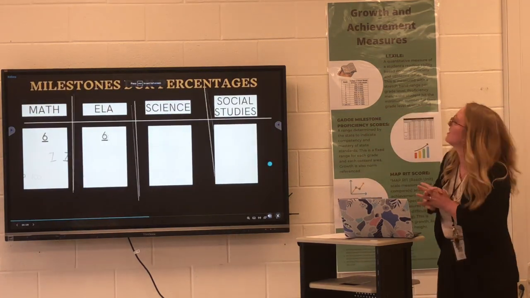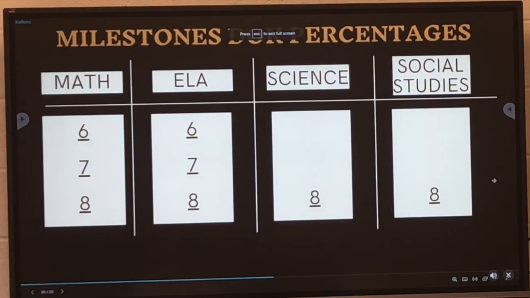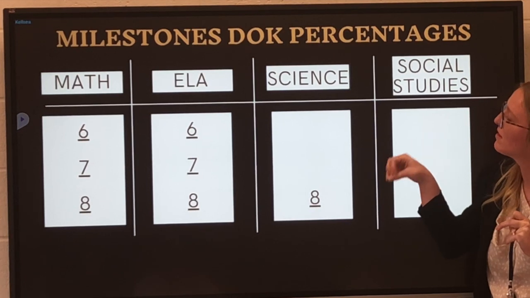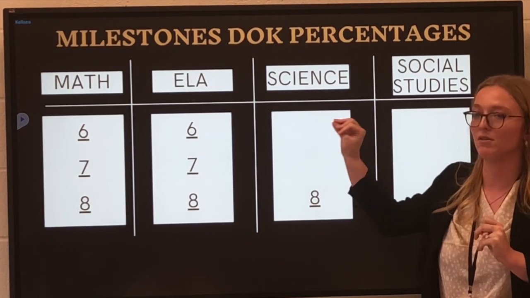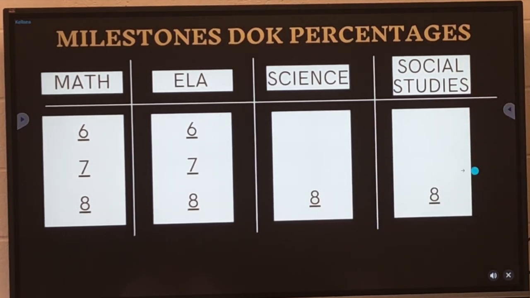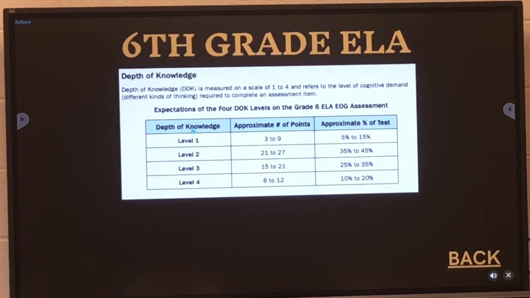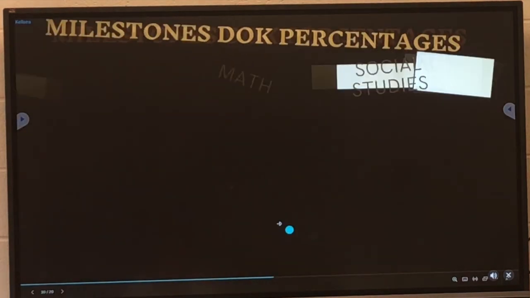So what I did was I took all of the Milestones DOK percentages for each grade level and their Milestones test. So I went to math and I got the new math standards. I went to ELA in each grade level because they're different. 6th grade is going to have different ELA depth of knowledge percentages than 8th grade will.